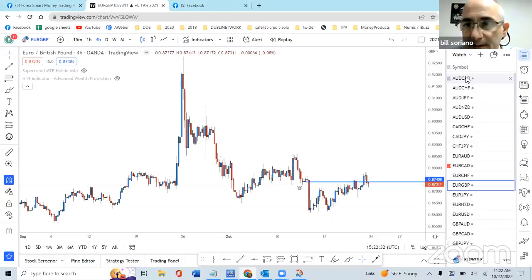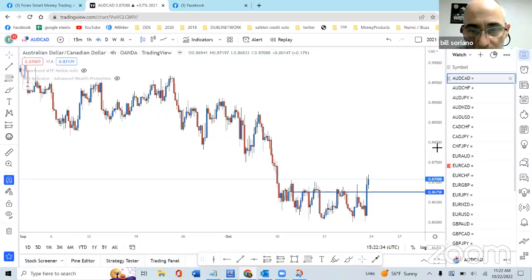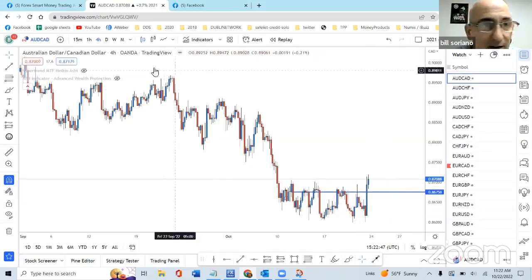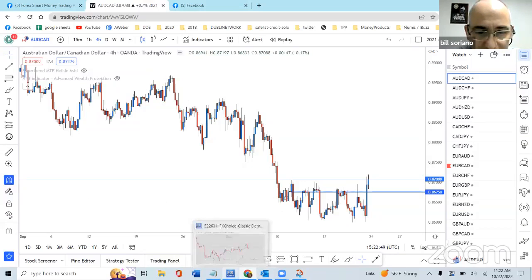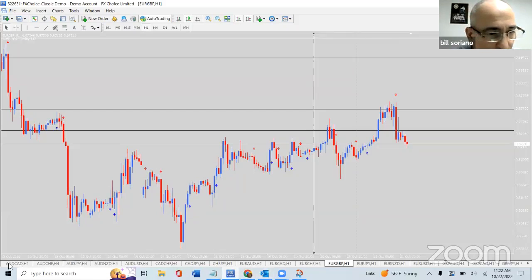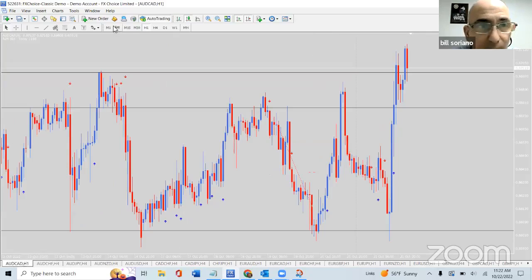So if you look at AUD-CAD here, we see that our banker candle was right here. This was towards the beginning of the week, so it's a little further back here. Our banker candle was right here, and we came up into the area here a few times, right? So we have to kind of try to find it here in MT4, right?